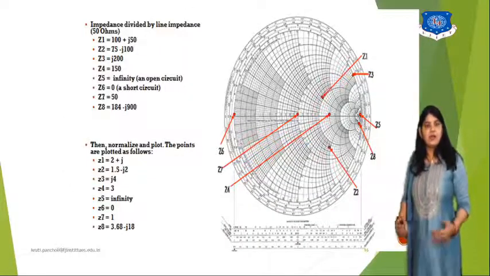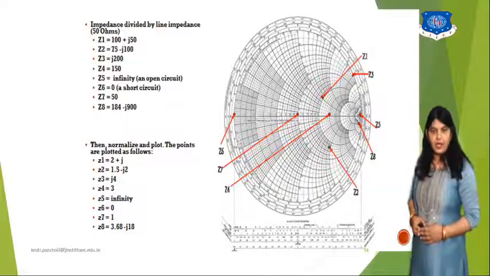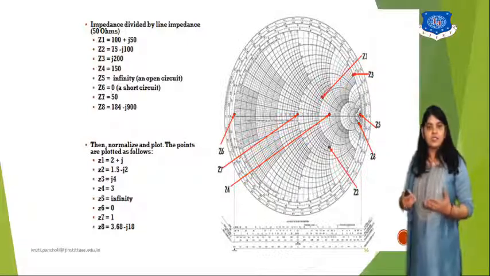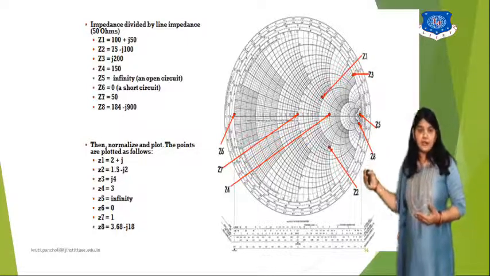Now here are a few examples that you can do, with values for Z1, Z2, Z3, Z4, Z5, Z6, Z7, Z8. All values are given.